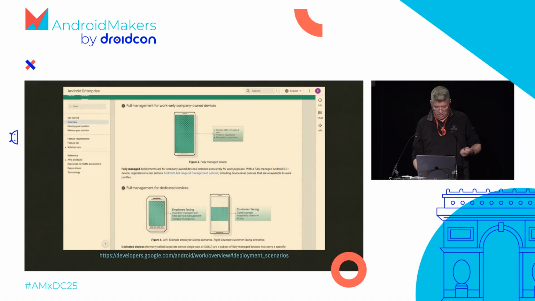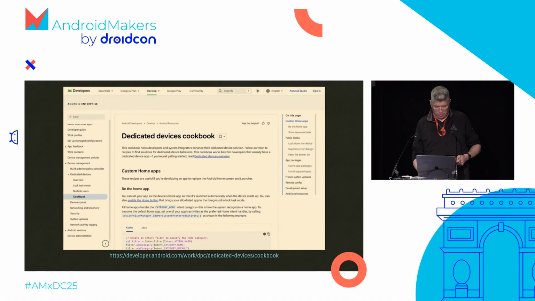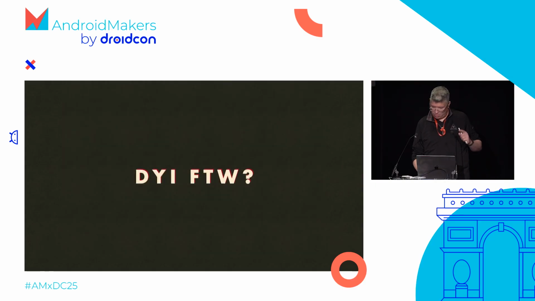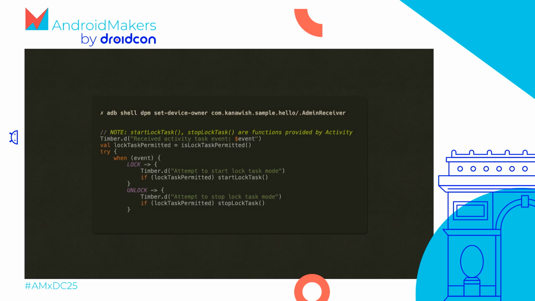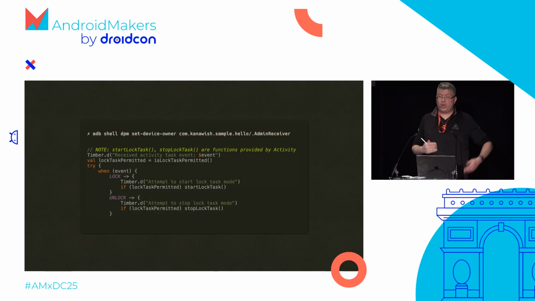And once you've done that, what you want to be doing is start calling these functions. Once you've gotten that right, this allows you to call start and stop lock task right there. What does lock task do? Well, it says nobody's allowed to kill me.